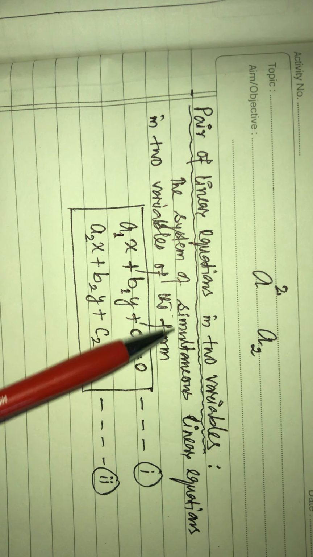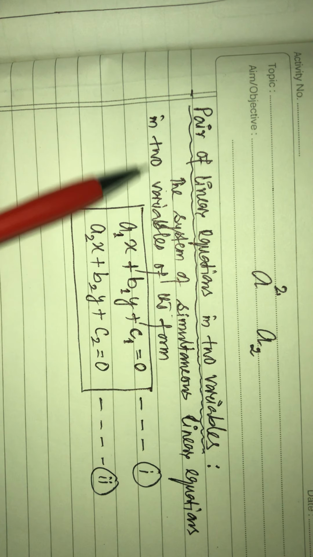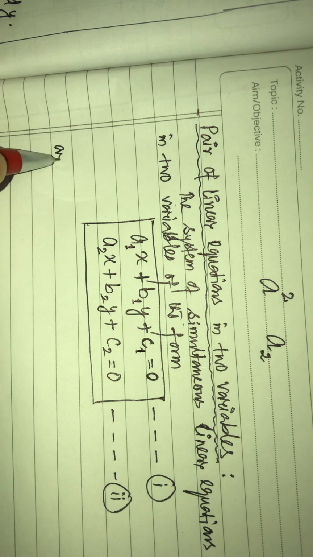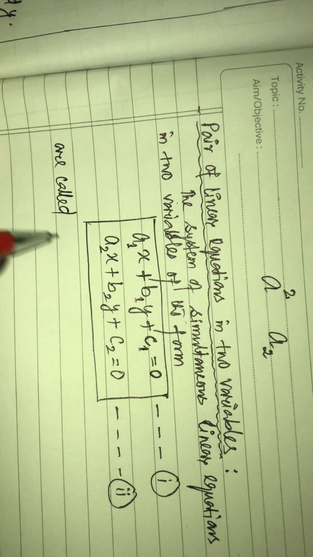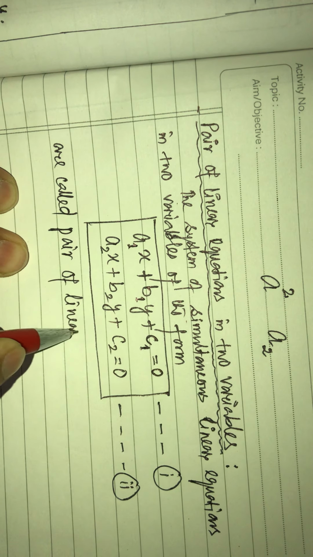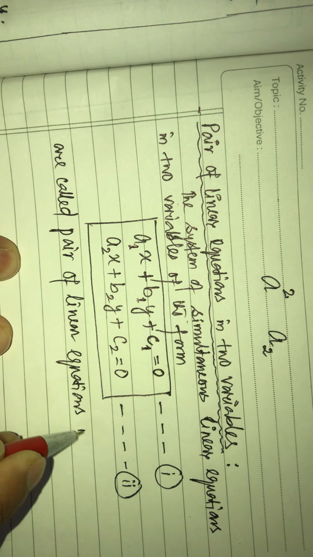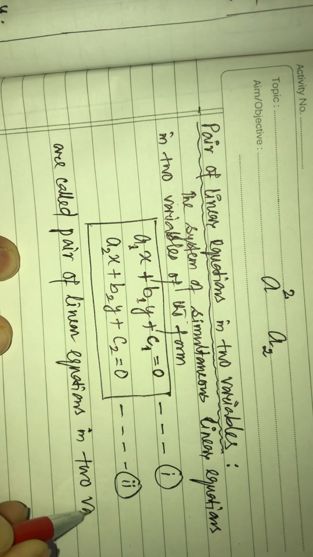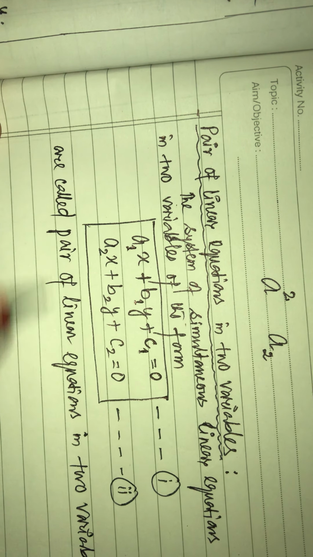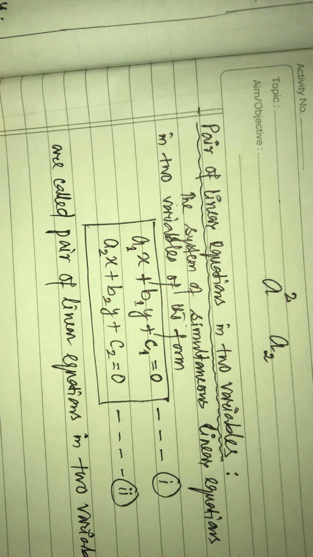So the system of simultaneous linear equations in two variables of this form is called a pair of linear equations in two variables x and y. The variables are x and y.